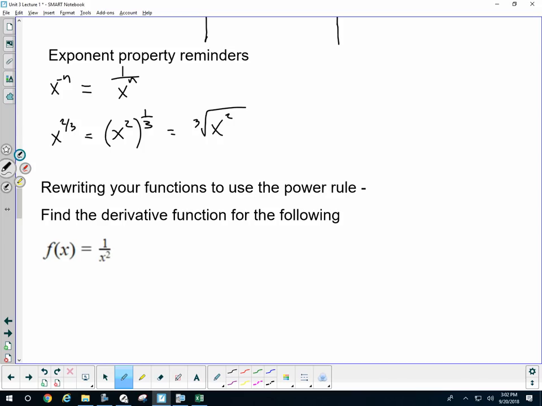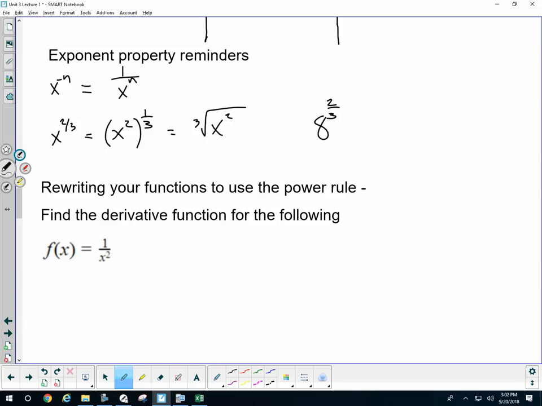Now, usually if I give somebody the cubed root of x squared, they understand how to get the value. But if I ask somebody, what's 8 to the 2/3, they're like, I don't know how to do that. Okay? But remember what our goal is here and why we are finding these f prime equations, these functions.